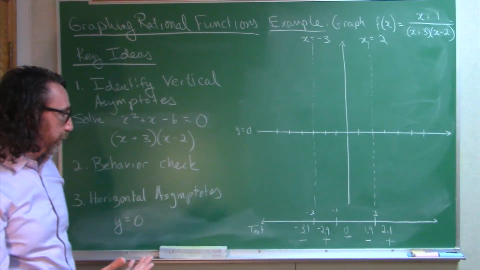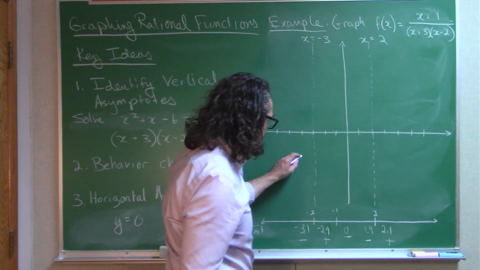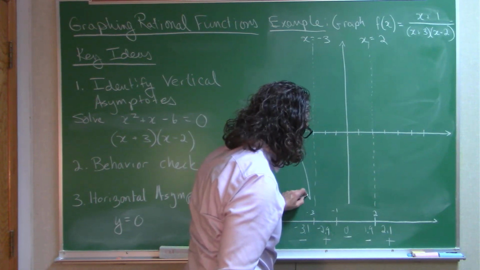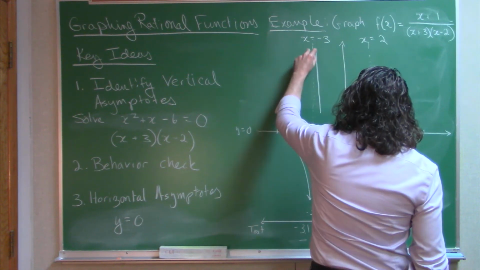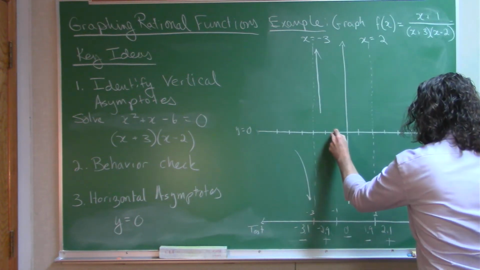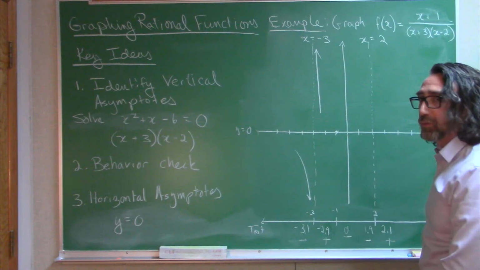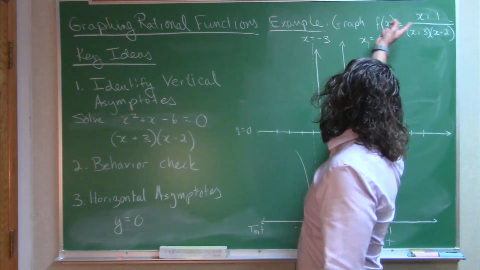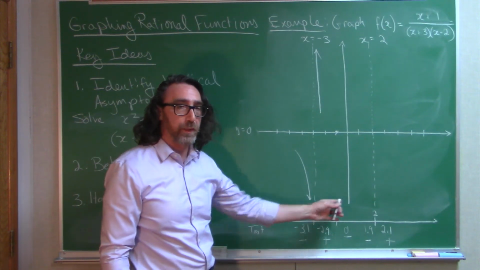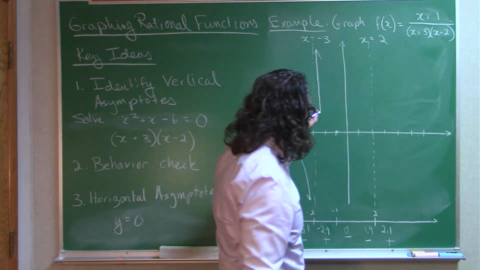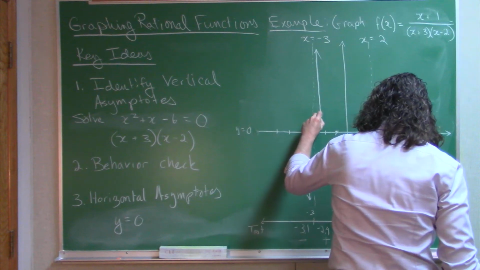So a couple things happening. My graph is going to be plummeting down over here and zooming up over here. I have an x-intercept at -1. How do I know that? It's where my numerator is 0. So on my sign chart, I got vertical asymptotes and x-intercepts. So I'm going to have this business right here.